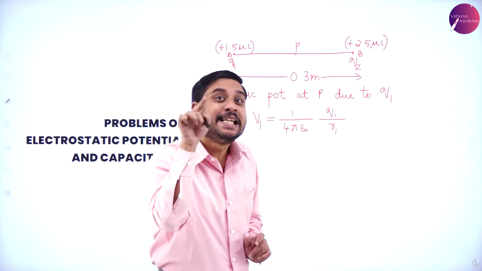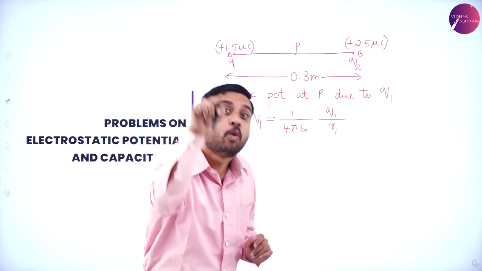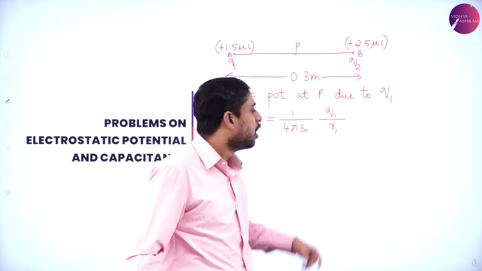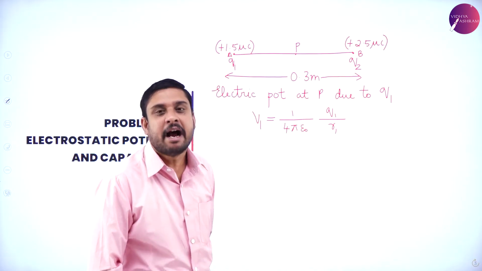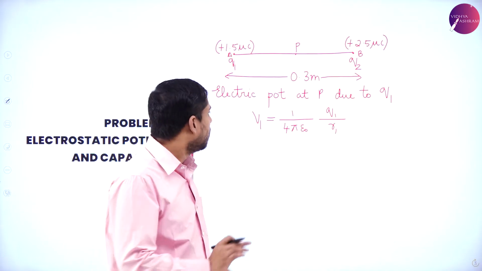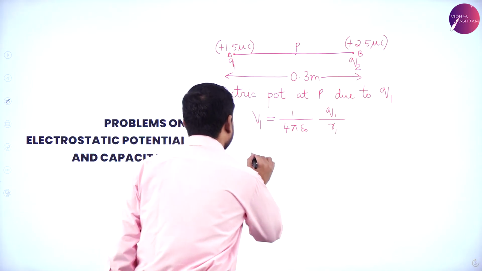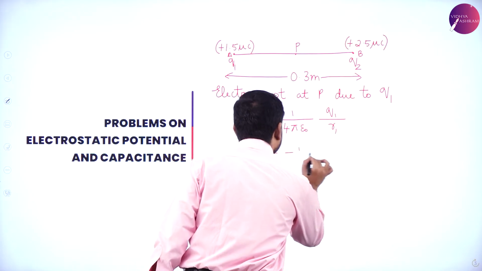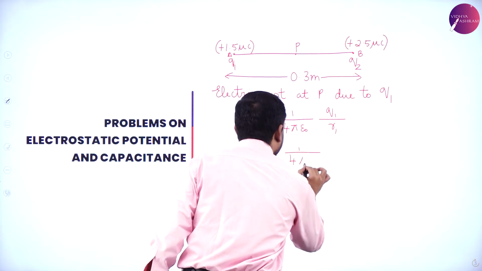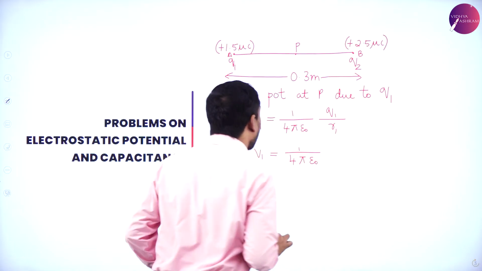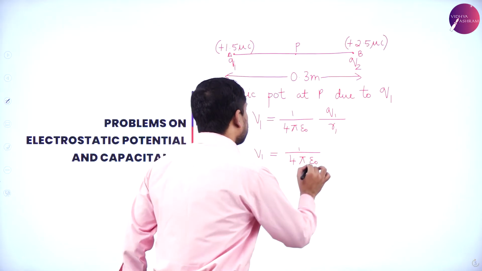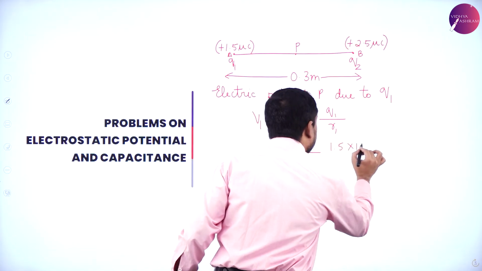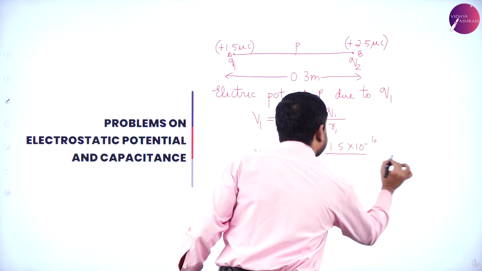If it was intensity, R square. This is only potential, so Q1 by R1. So on substitution, V1 is 1 by 4 pi epsilon naught, Q1 is 1.5 into 10 power minus 6.